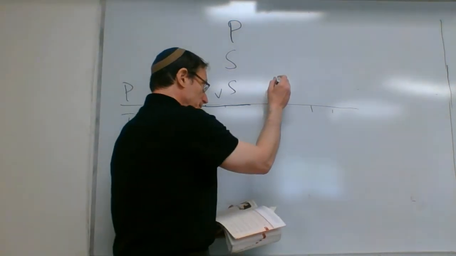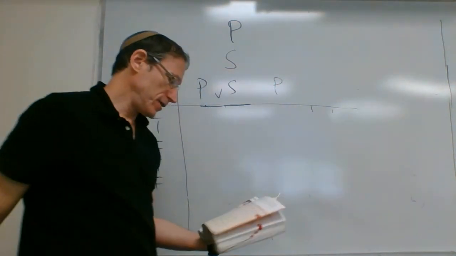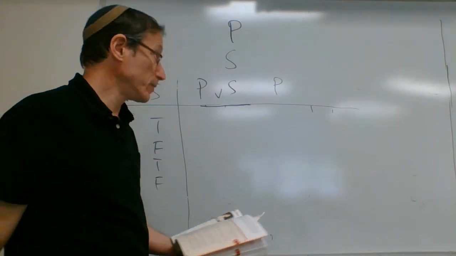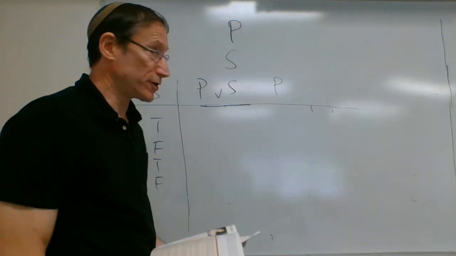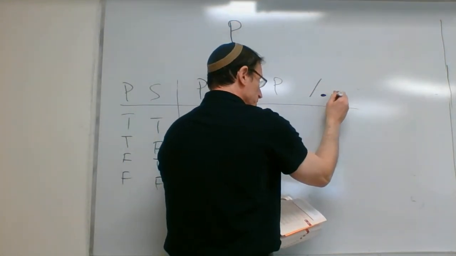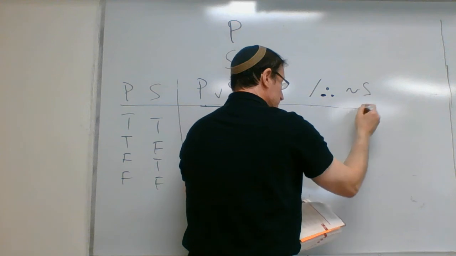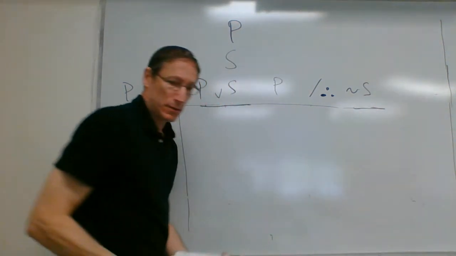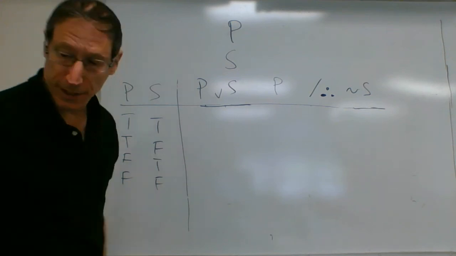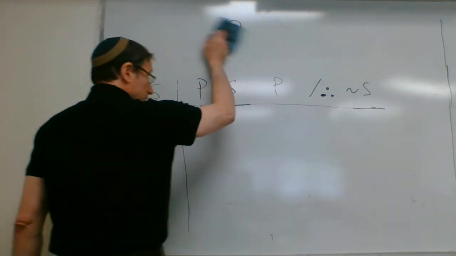That would be P by itself. And then the conclusion is, therefore, Einstein did not win the Nobel Prize for the special theory of relativity. That would be, excuse me, therefore, not S. Okay, now then, I can erase P and S here.